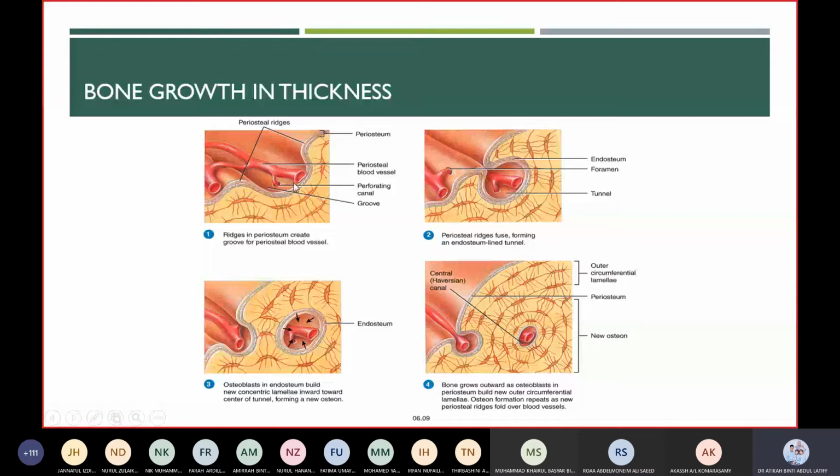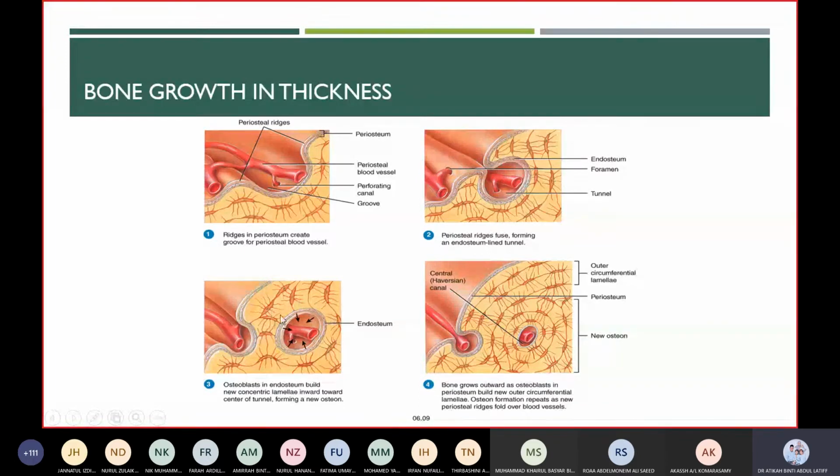If you imagine, this is the trabeculae in the middle of the bone, and then they start to form ridges around a blood vessel. The ridges will then fuse to form a tunnel. Then the osteoblasts in the endosteum will start to build new concentric lamella inward towards the center of the tunnel, forming a new osteon.